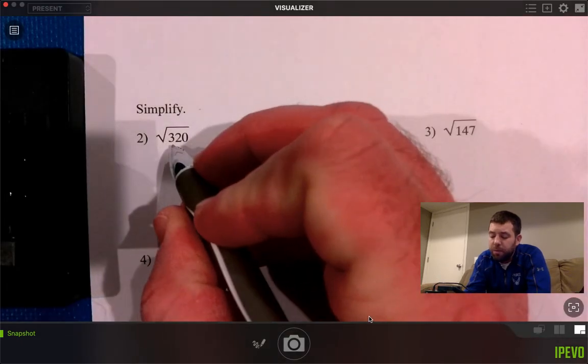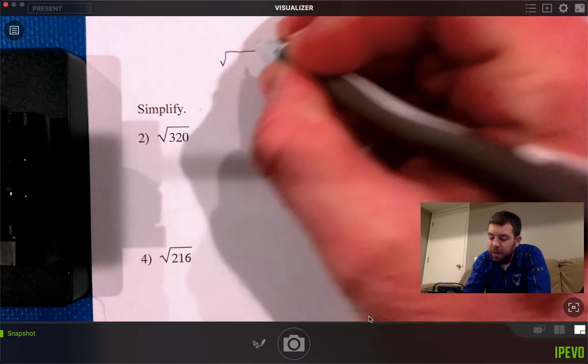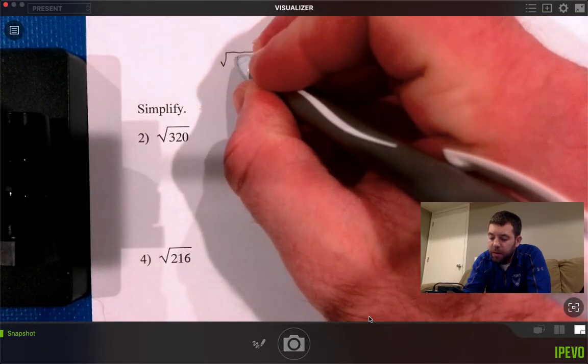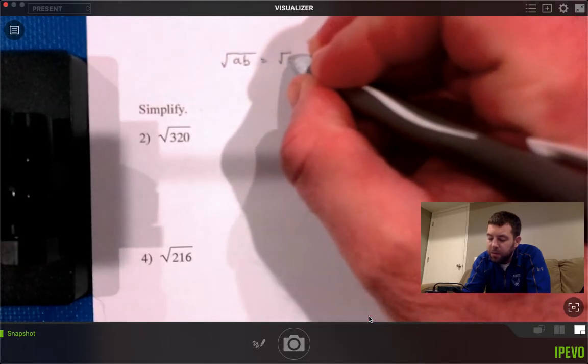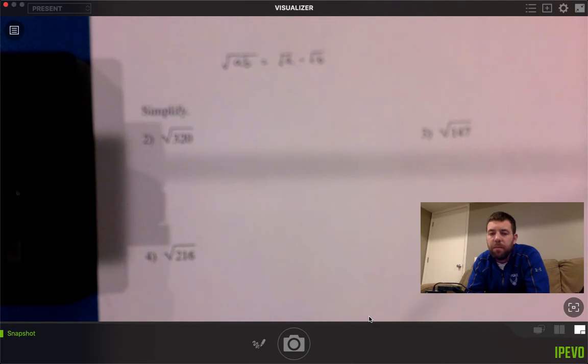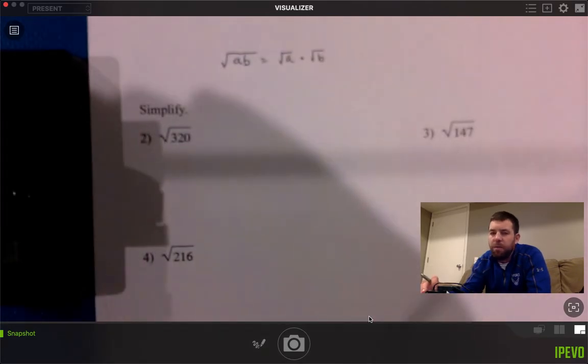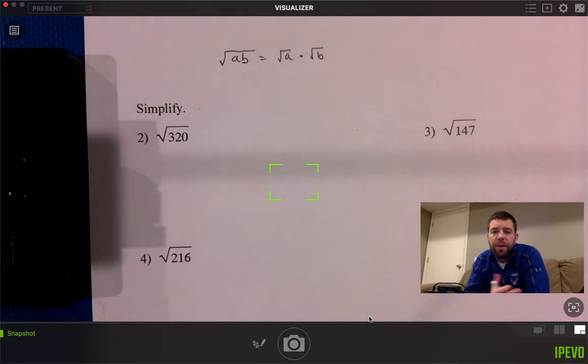So remember, we know that the square root of AB is the same as the square root of A times the square root of B. That's what we know.